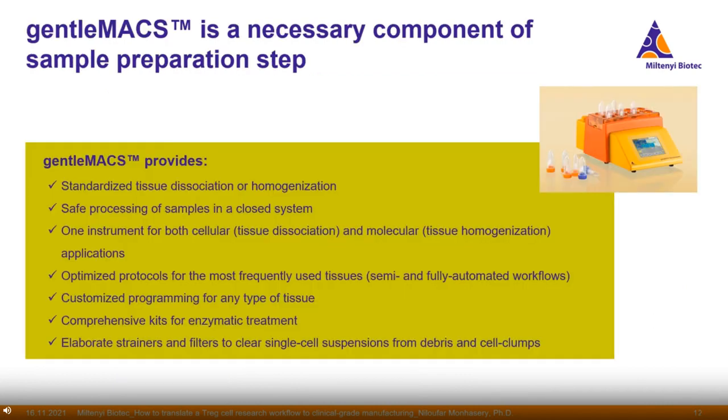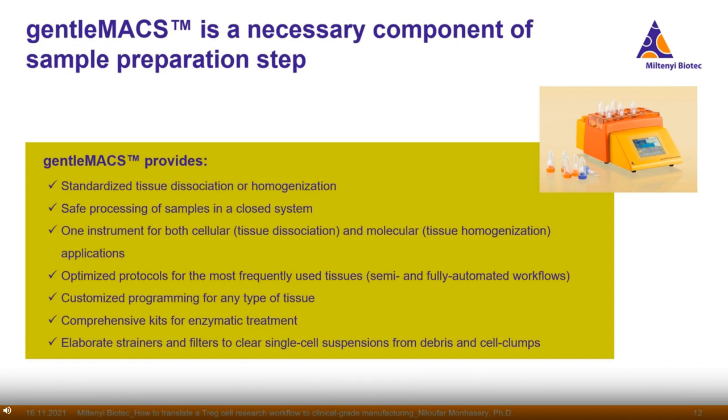I'm pretty sure that many of you know about gentleMACS. But I really want to emphasize this great device and tell you that, like I always say, it is the heart of the sample preparation part, because it provides standardized tissue dissociation, and you really save your samples, as the dissociation can be done in a closed system, and it's one instrument for both cellular and molecular applications.